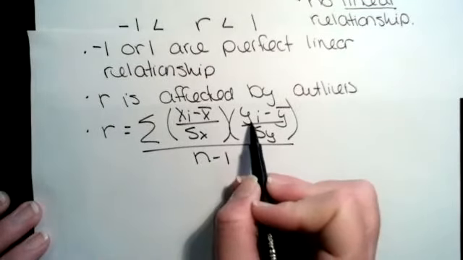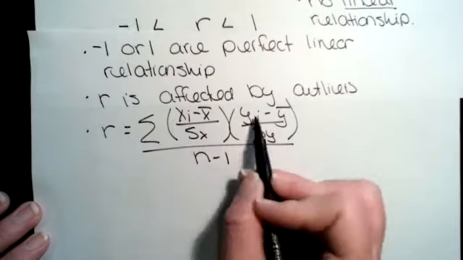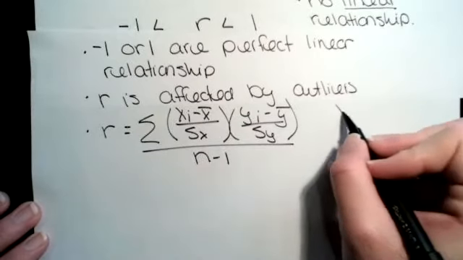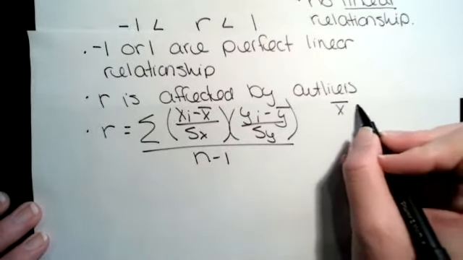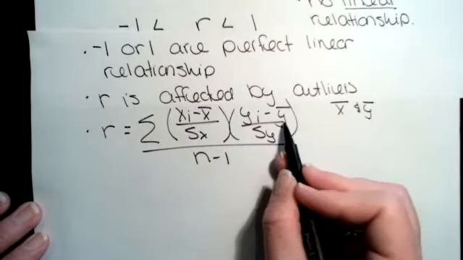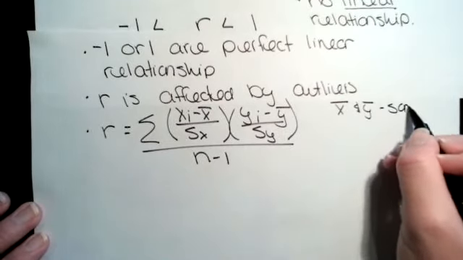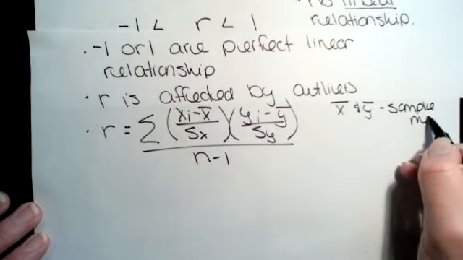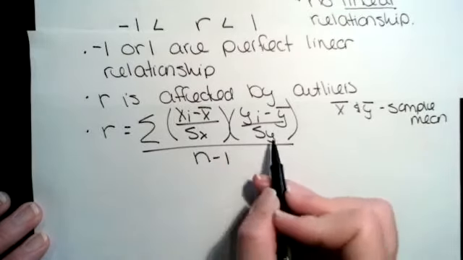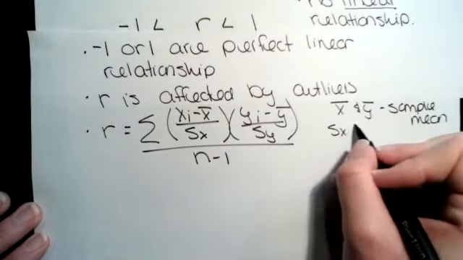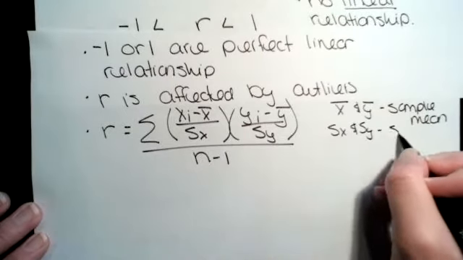Xi and Yi, I think we know by now these are my data values. X bar we know is our sample mean, and so is Y bar. Y bar is just the sample mean for the Ys. And same thing for Sx and Sy. These are just the sample standard deviations.